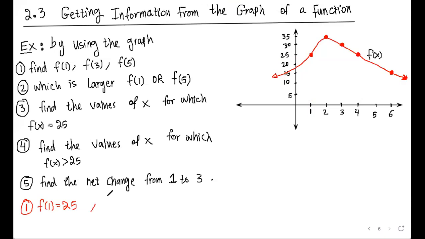Second one, f of 3. What is f of 3? 30. So the same thing, we go up at the 3. When this point intersects the curve, it is at 30. So f of 3 is equal 30.